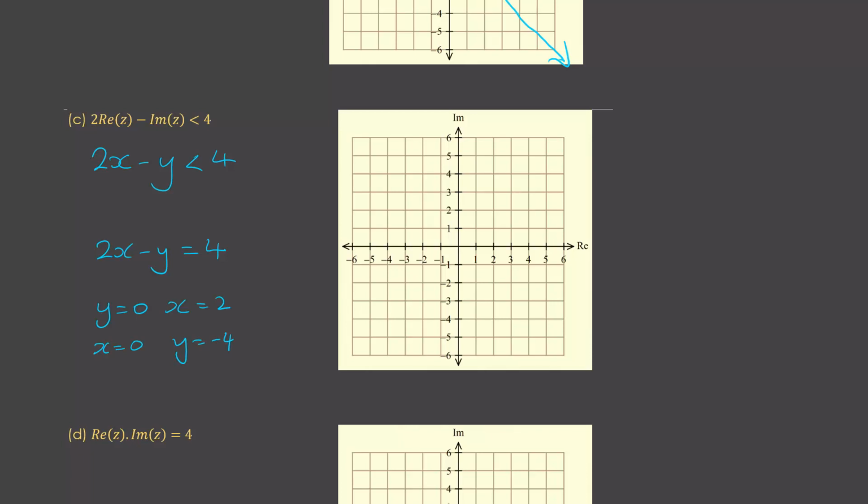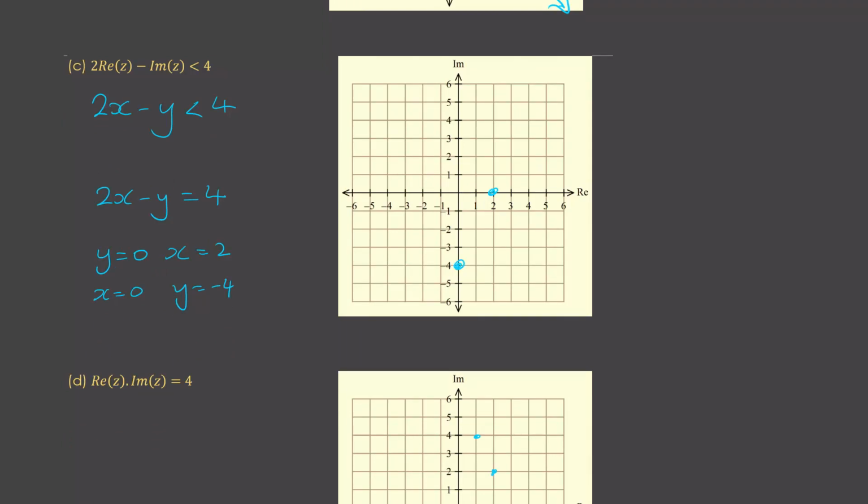So (2, 0), x is 2, y is 0, and x is 0, y is -4. The fact that this is a strictly less than means that when we draw the line on, we should do it as a dashed line, like so. If it had been less than or equal to, we would have done a solid line.